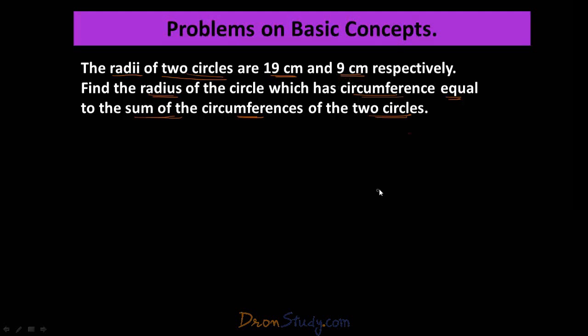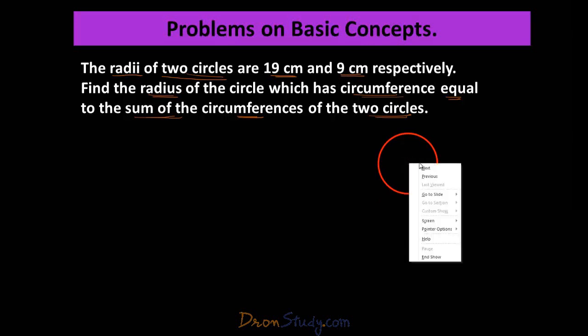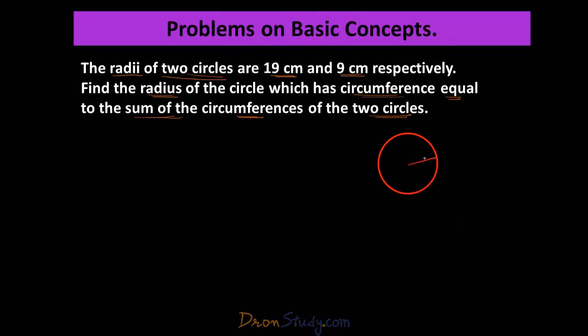So here is the first circle whose radius is given as 9 centimeter, and it is denoted by R1.